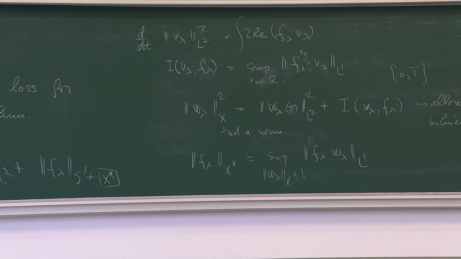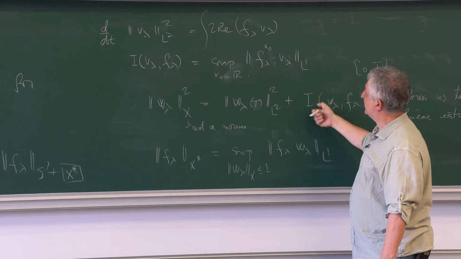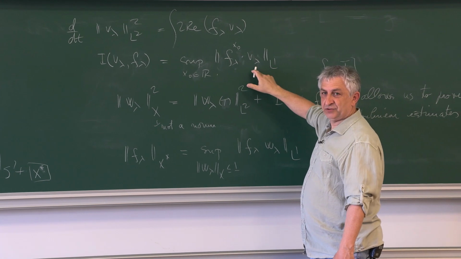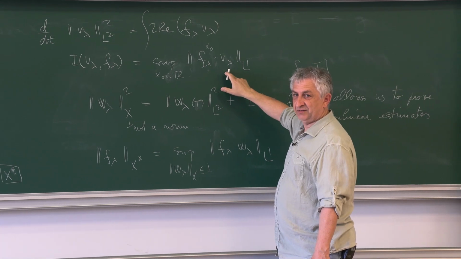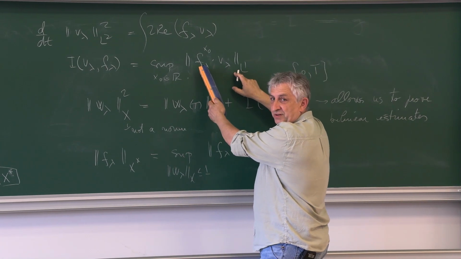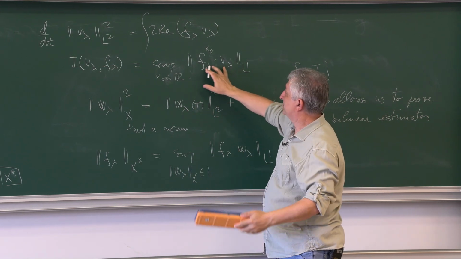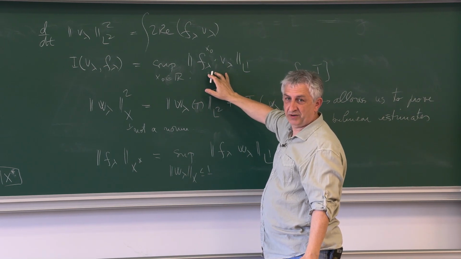So, is there a square on the I when you define it? No, because I is already quadratic. It has two variables in it. It has your solution and the source term. So as far as homogeneity is concerned, I is at the same homogeneity as V squared.